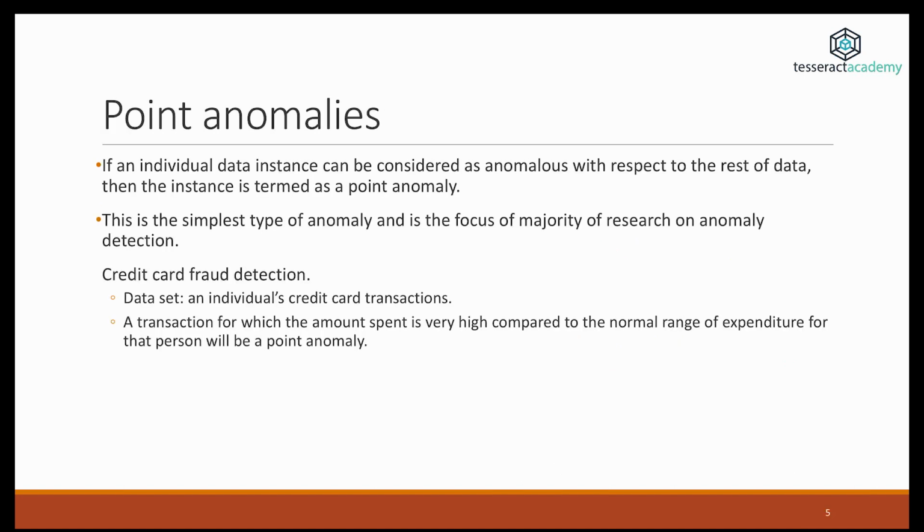Point anomaly is a data point which is considered as anomalous with respect to the rest of the data. So it's the simplest kind of anomaly. For example, credit card fraud. Let's say that someone steals a credit card and then they just start spending this money on whatever they can find.